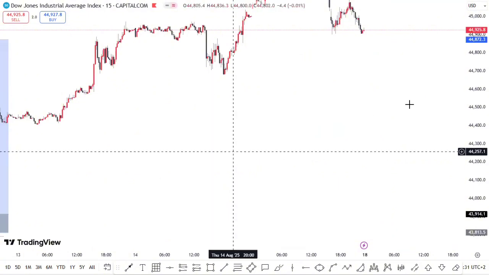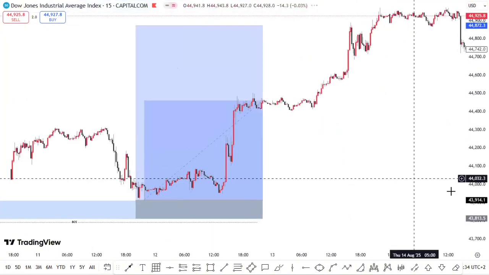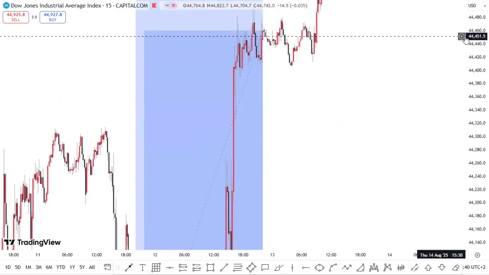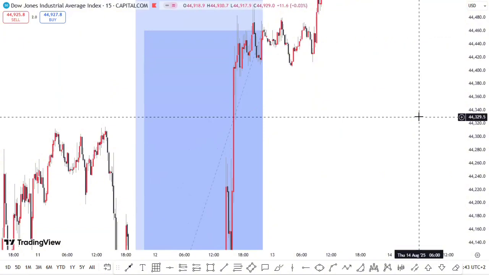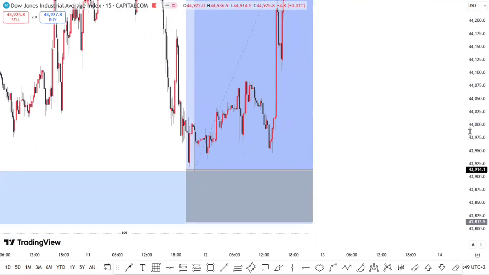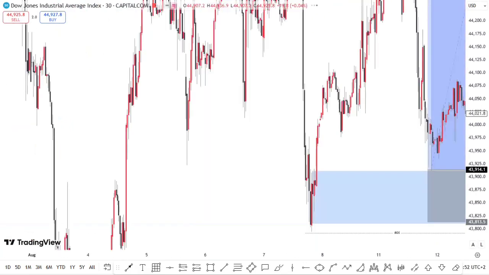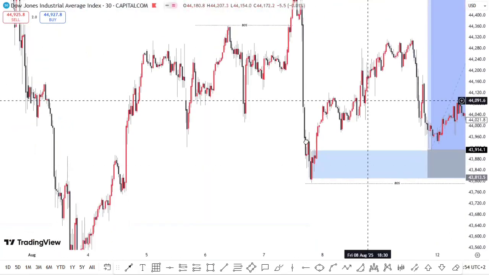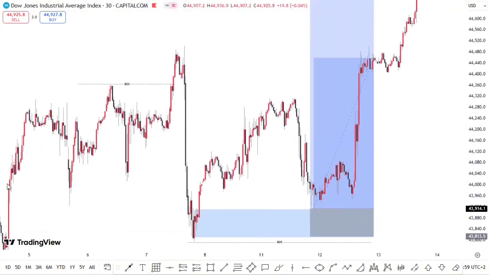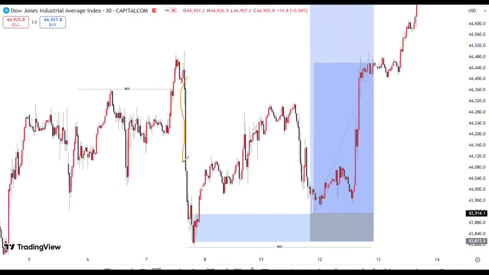So here we are on the 15 minutes time frame. Now what I'm looking for, I don't see here. So again, guys, we have what we call trend line liquidity. Don't forget to watch the video that I will be making about impulse and correction.